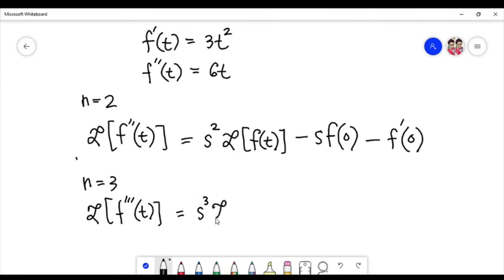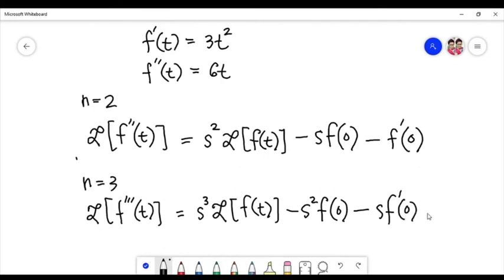Okay, s cubed Laplace transform of f of t, minus, next term is s squared, and then we still start with f of 0, minus, so we still have s, so 3 minus 2, so that will become s multiplied by f prime of 0, and then minus, we don't have s already, so minus f double prime of 0.